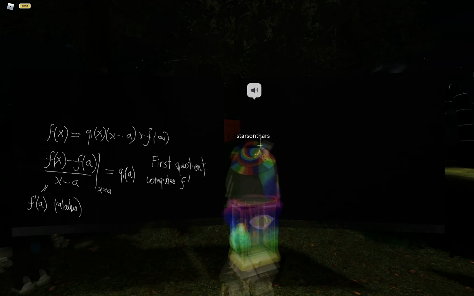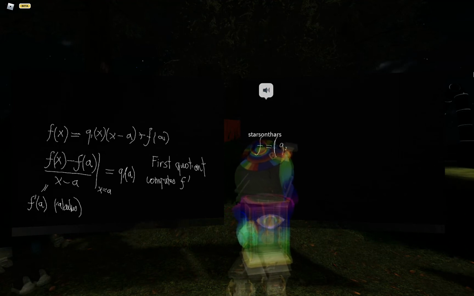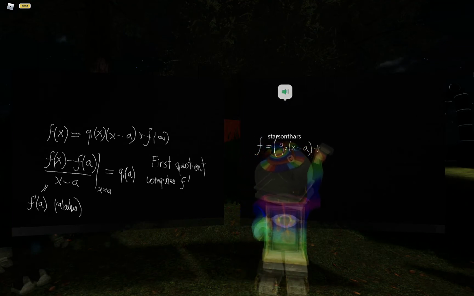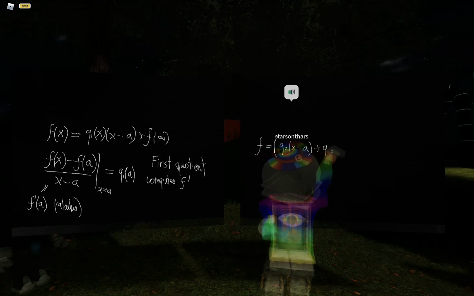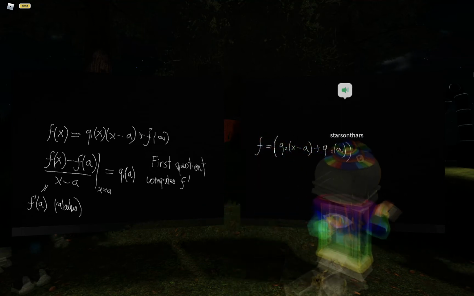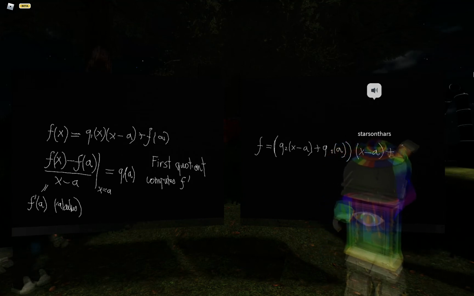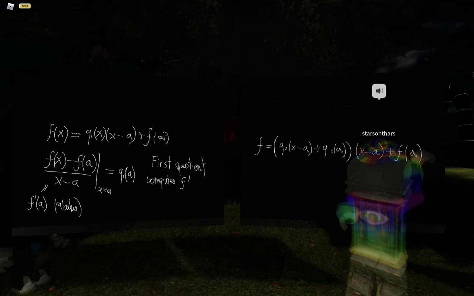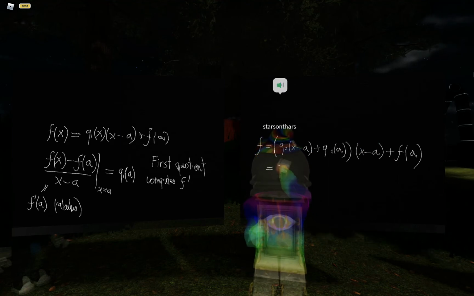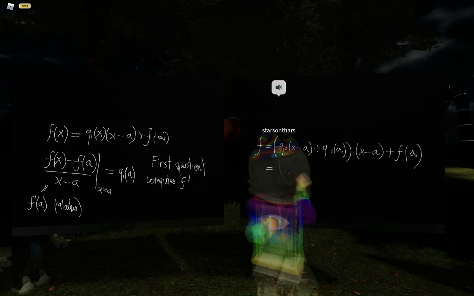So f is equal, if I write q1 as q2 x minus a plus the remainder, which I argued was q1a, all times x minus a, plus the remainder of the first step, which was fa. Then if I expand this out, I change the order because that fits with the formula from earlier better.